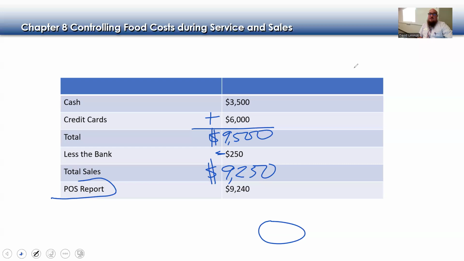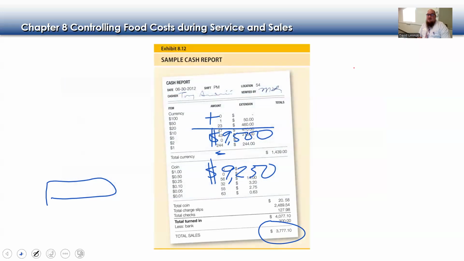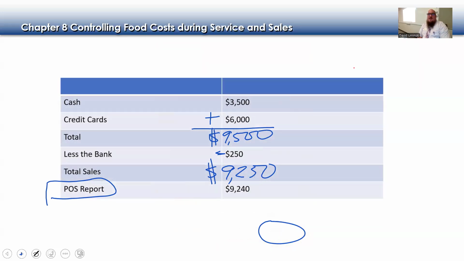This is the POS report, the slip that just got printed out, just like we have here. This is my report. My POS report says I have $9,240 in sales, but my cash on hand is $9,250.